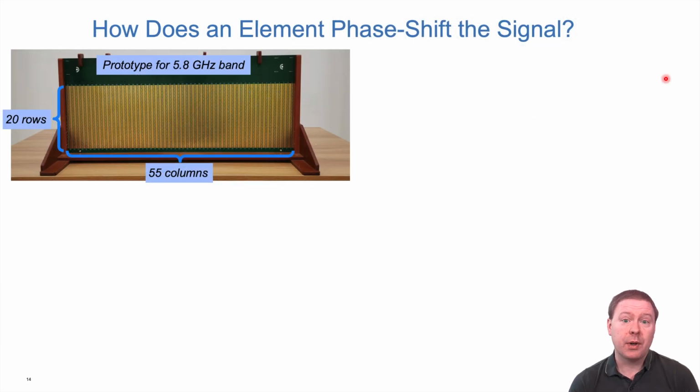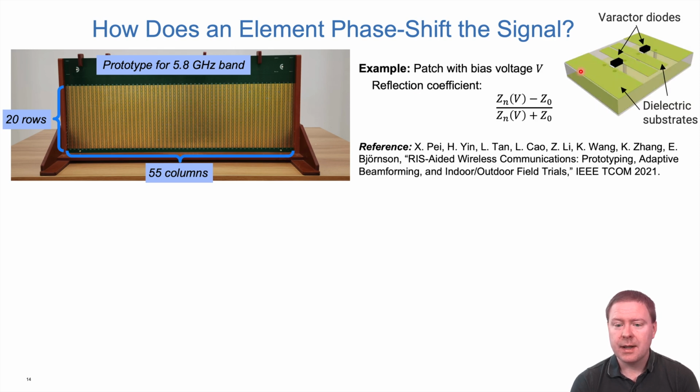This is a principle that we utilized when we designed the reconfigurable intelligent surface prototype that I was showing you an experiment of before. So we had 1,100 elements in terms of 20 rows and 55 columns. Each of these elements is a patch which has 2 varactor diodes that we can control. There is some dielectric substrate, and you find the details in this paper.